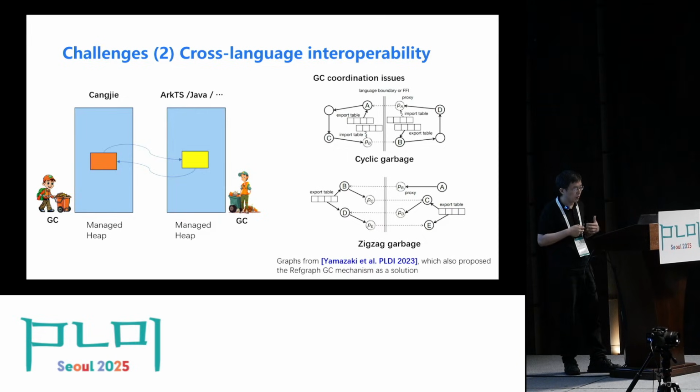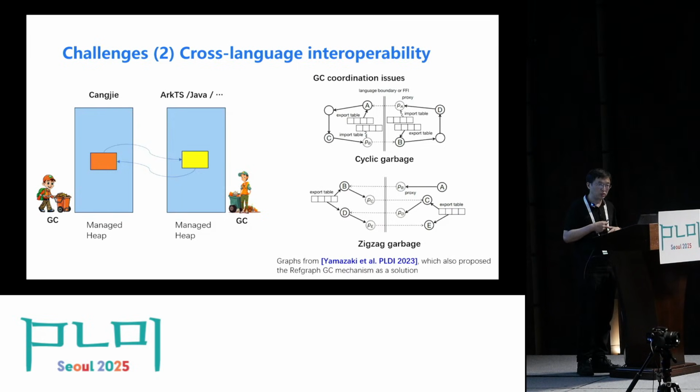So this paper also proposed a nice mechanism called ref-graph GC, which seems to be a nice solution for this problem. Currently, we are trying to have a prototype implementation, but the problem is that the paper doesn't show a concurrent implementation. It just has a stop-the-world implementation.